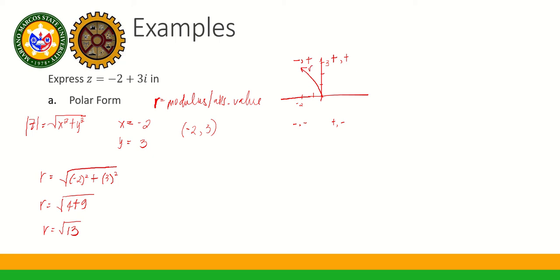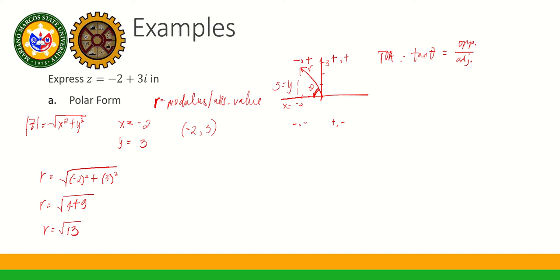Okay? So from there, kunin natin yung theta. So dito natin kunin si theta. Compute natin yung theta natin. How do we compute that? Given tayo ng y, which is 3, tapos x which is negative 2. So yung gagawin natin, since hindi tayo given ng hypotenuse natin, ang gagamitin natin is yung TOA, which is tangent theta equals opposite over adjacent.